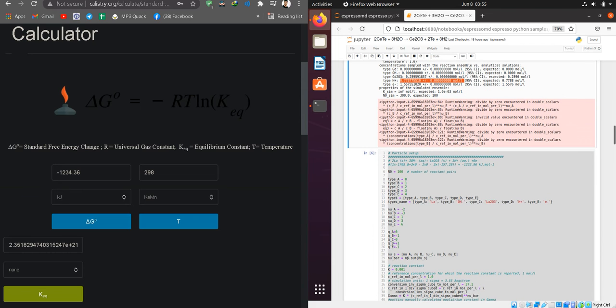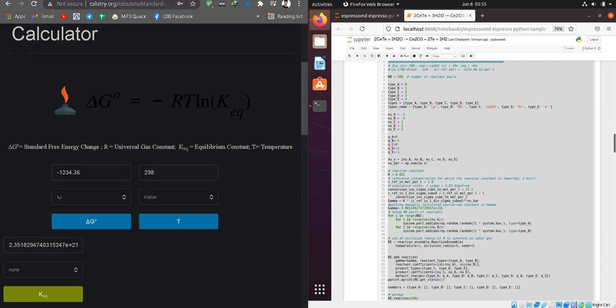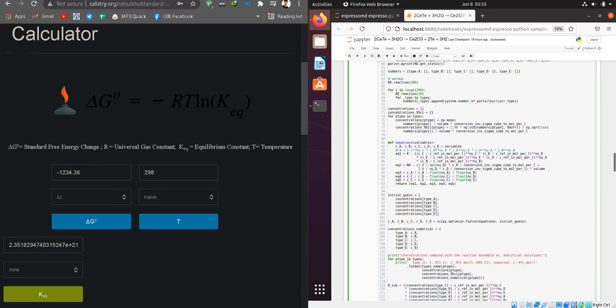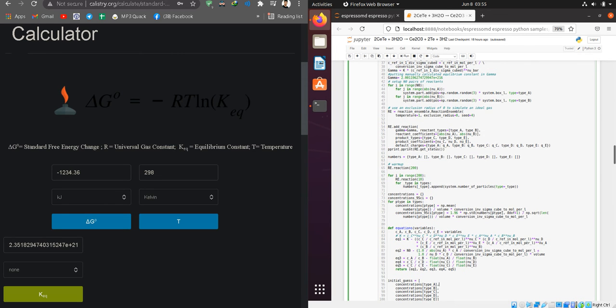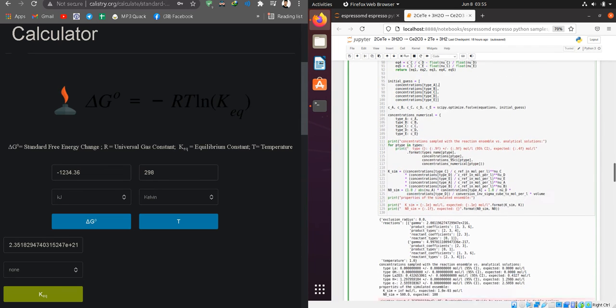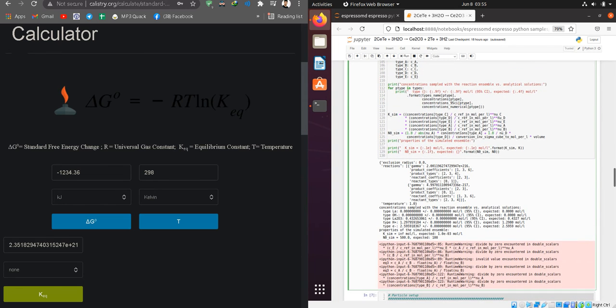So I did this for lanthanum as well, and the gamma value is 2.0 to the power 1216, and it came around 1.2980 mole per liter.